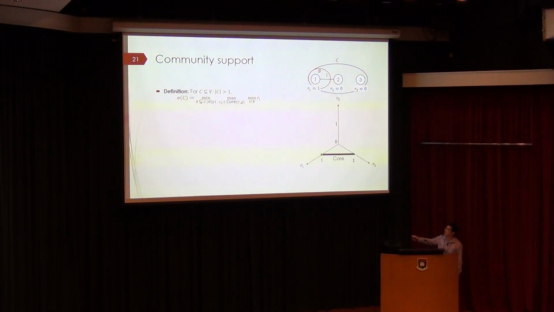And the value is still 1. But what about if you put B to user 3? Can you shift the payment such that user 3 obtains a value larger than 0? Well, no. You can't go in the R3 axis. So if you look at the minimum, then indeed the strength is equal to 0.